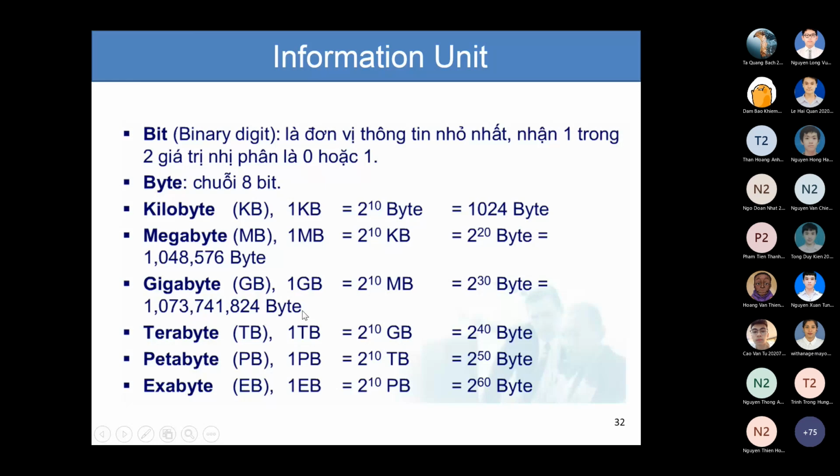So we have the order kilo, mega, giga, tera, peta, and exa. Kilo is power 10, mega power 20. It's a little bit equal to million, right? Giga is similar to billion. Tera is similar to, not exactly equal, but similar to thousands of billions. Peta is similar to millions of billions, and exa is similar to billions of billions.